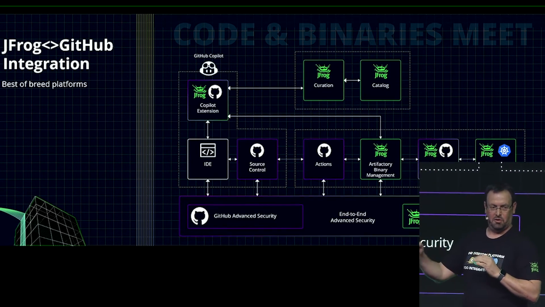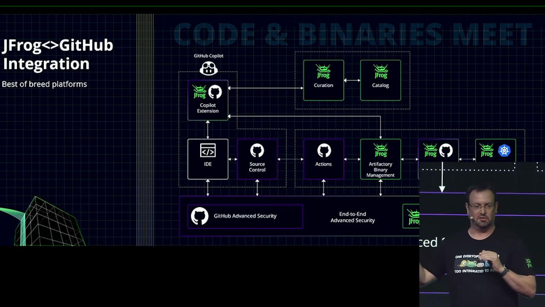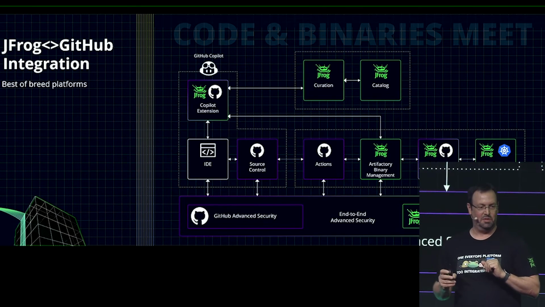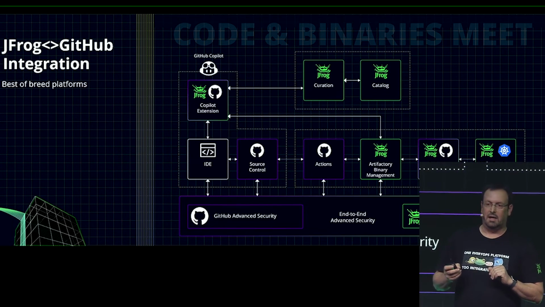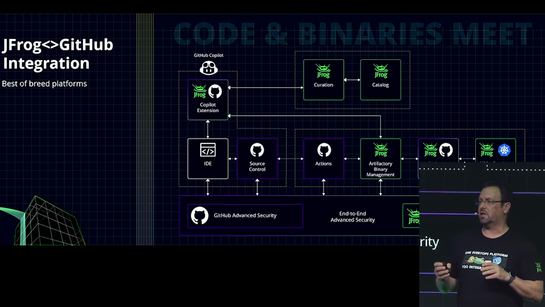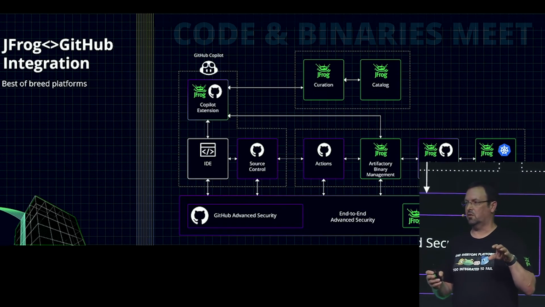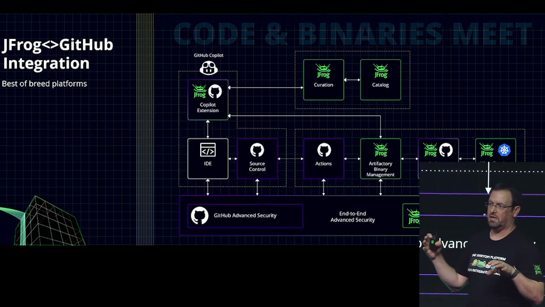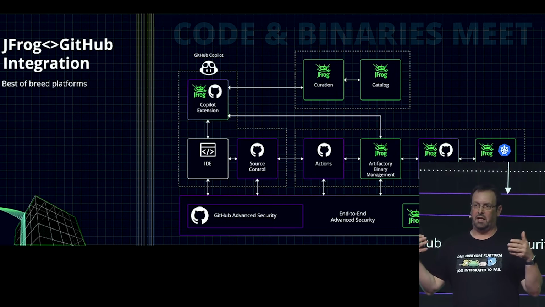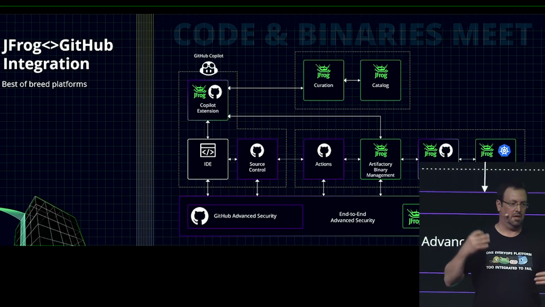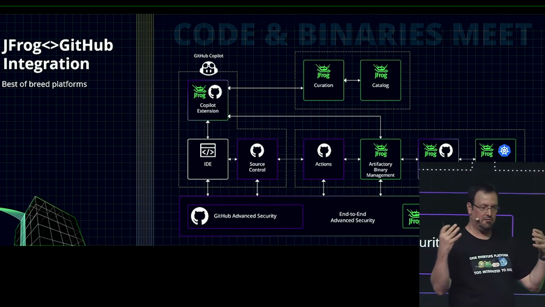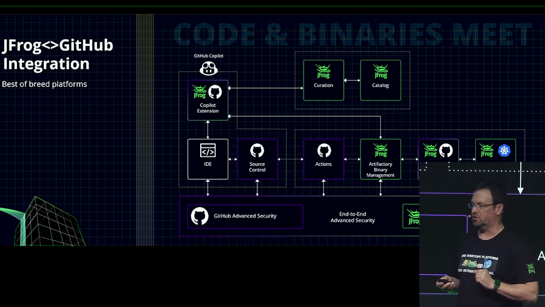But I don't want to steal the thunder for the next, so I'll wait a little bit with that. But this is really very cool stuff. And on top of that, you have security. So you have GitHub Advanced Security and JFrog Advanced Security together providing a full coverage, an umbrella of security for both code and binaries. So this is in high level what this integration looks like.